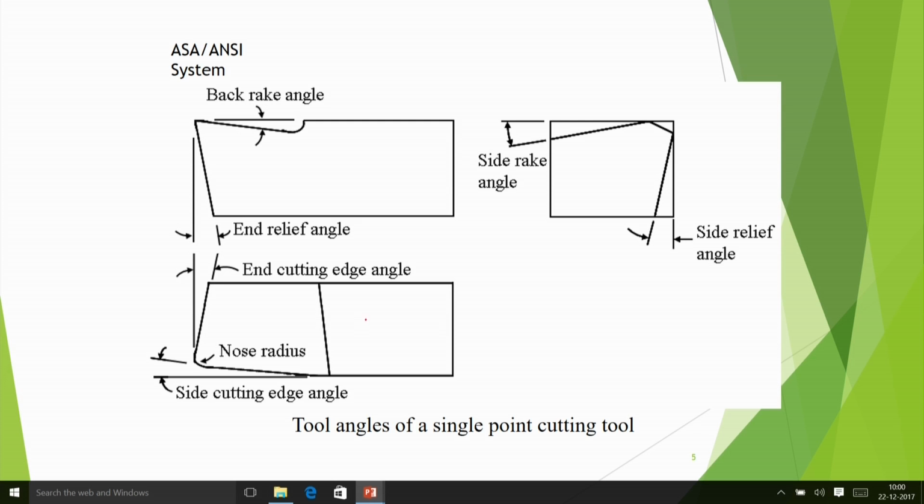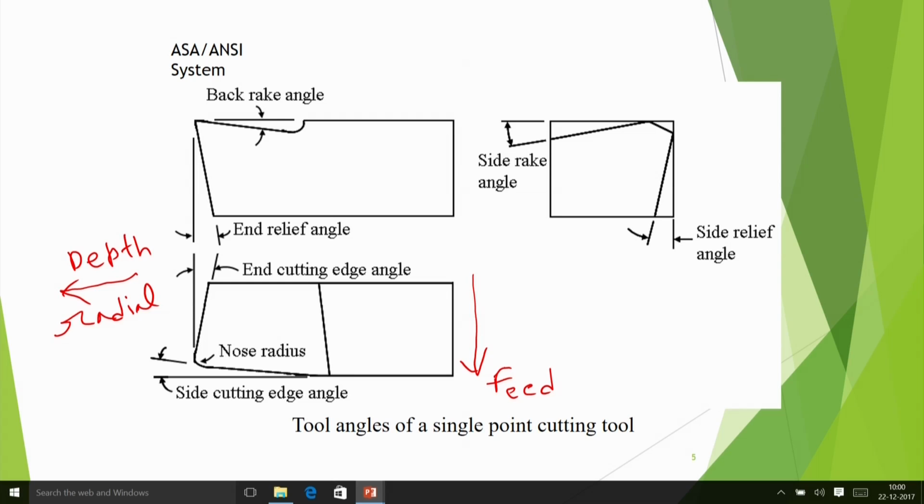Here in the top view, the feed direction is this way, and naturally this direction is the depth direction, or radial direction. So the tool may be moving like this.